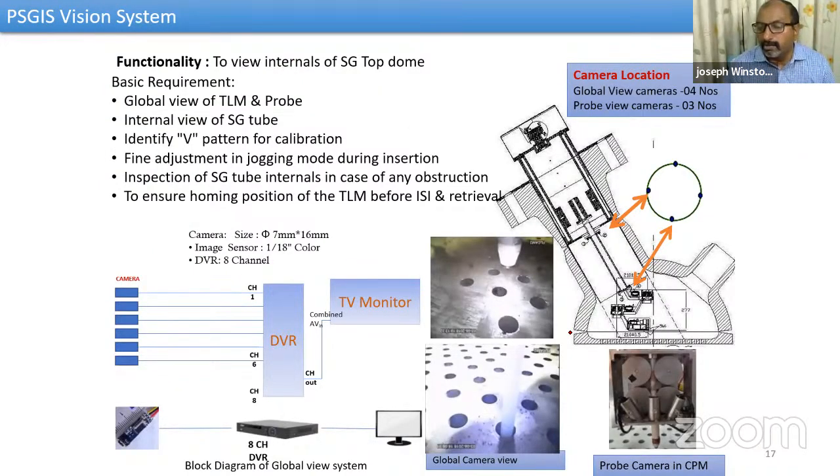And also other cameras are supported where the probe is extracted out, giving a very close-up view. These are the close-up views which the operator sees on the screen. When the positioning module brings the cable probe to the top, you can see the precision is good.